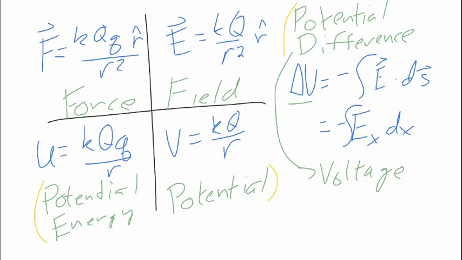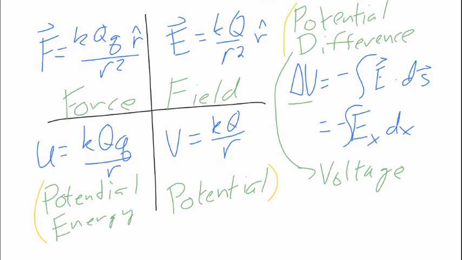So if you've ever interacted with circuits or electronics in any way, you've likely dealt with a voltage. You've certainly had something that you had to plug into a certain voltage, some electrical device that you needed to operate. You needed to plug it in to some voltage source rated at a certain voltage. But what the rating is actually there is a rating of a potential difference between the two terminals of your source.